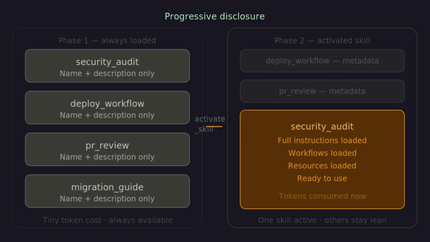The full instructions and resources are only pulled in when the model explicitly activates the skill using the Activate Skill tool. This means you can have a large library of skills covering many different domains: security auditing, deployment procedures, PR review processes, migration workflows, without any of them consuming context tokens until they are actually needed.